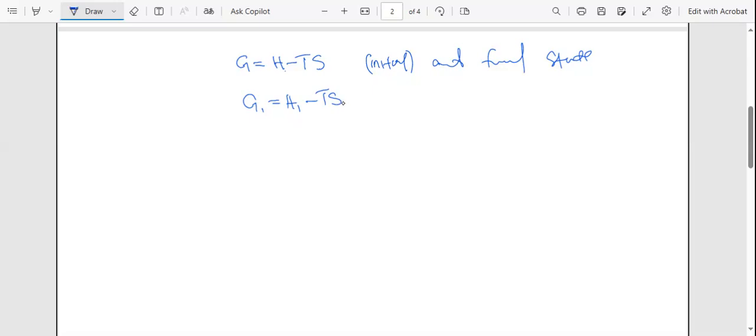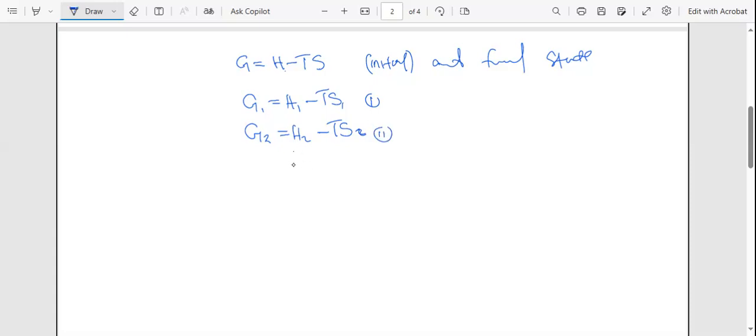S is entropy, by the way. Then the final is G2 equals enthalpy 2 minus the same constant temperature times entropy 2. We'll call this equation 1 and this one equation 2. You can be numbering them, by the way.